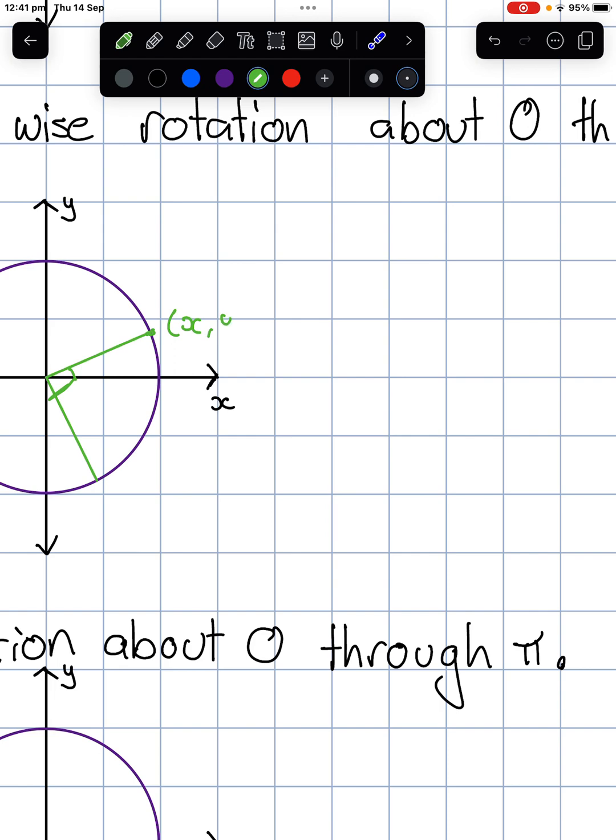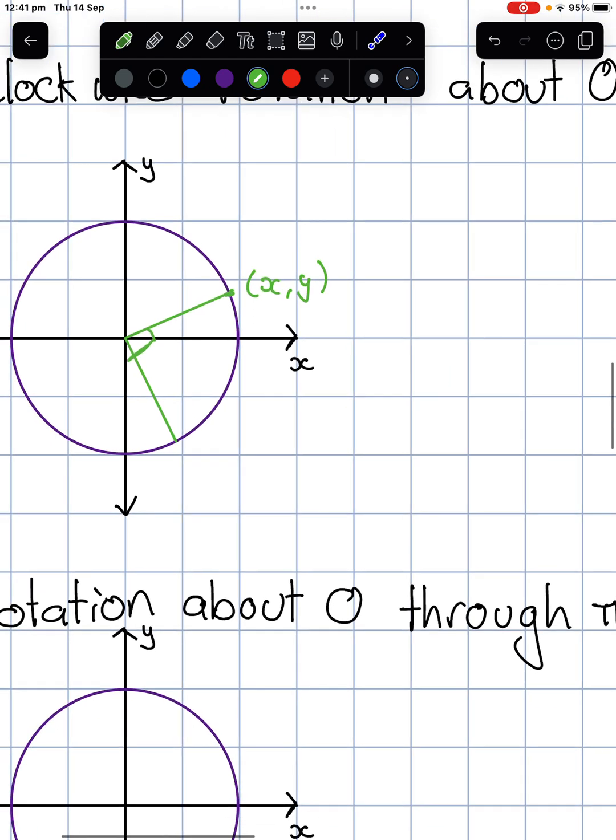The x coordinate here is going to be y, because whatever height this is, the x value is positive, but it's the same distance. And then the y coordinate is now negative x, because this distance along here is positive, but it's negative here, with the same magnitude.